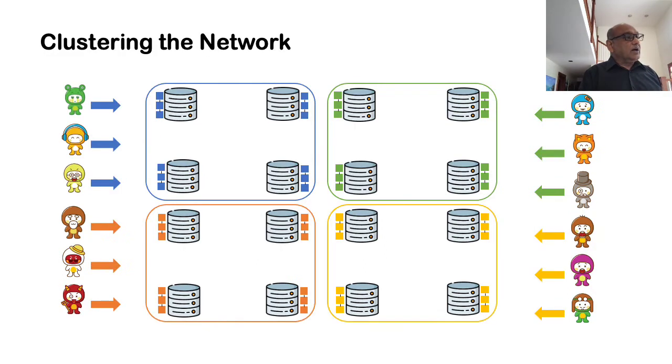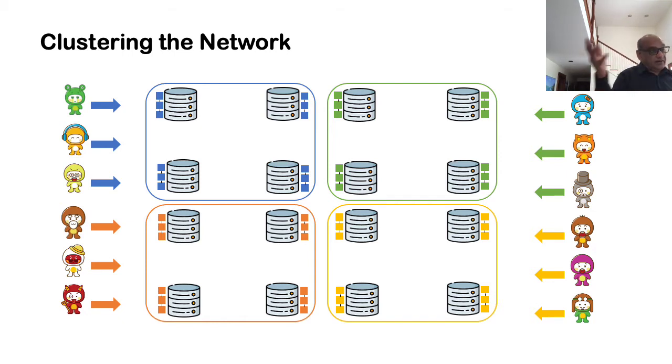So the idea of sharding is that you basically break your ordering component into multiple independent pieces, and you shard the blockchain into different categories.